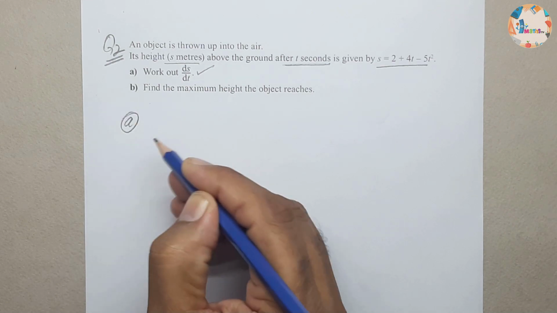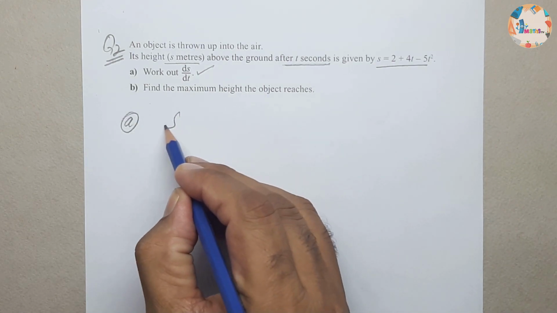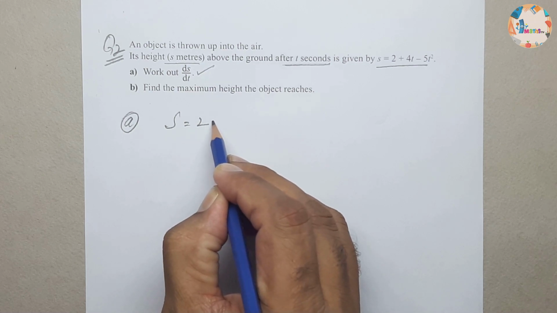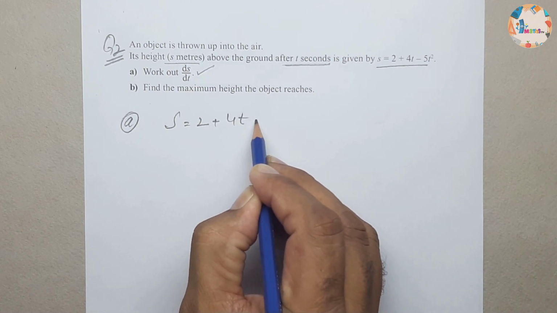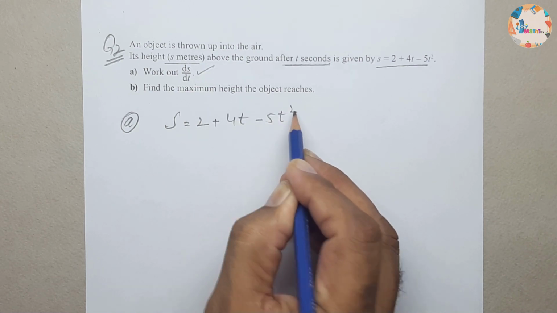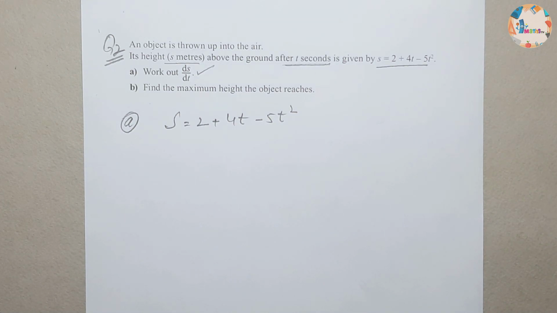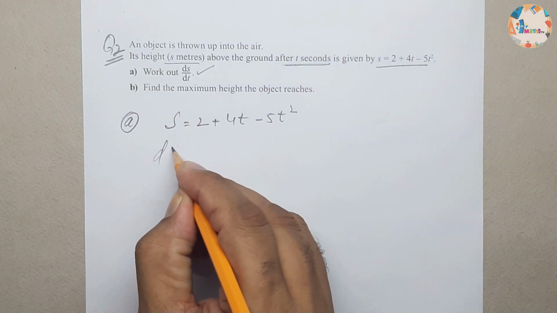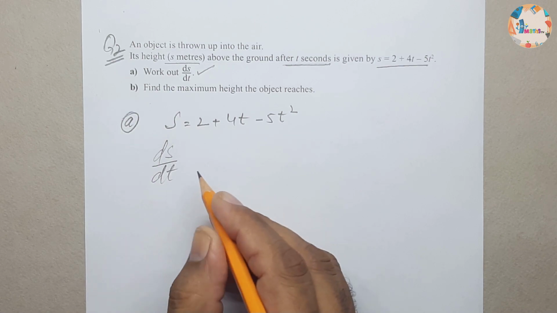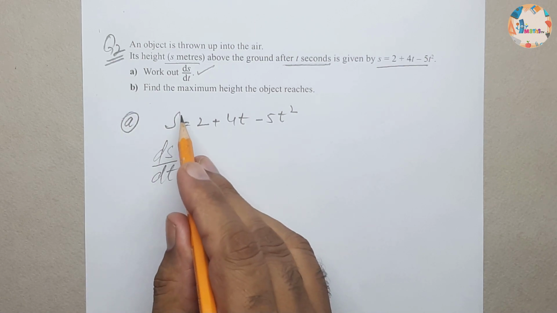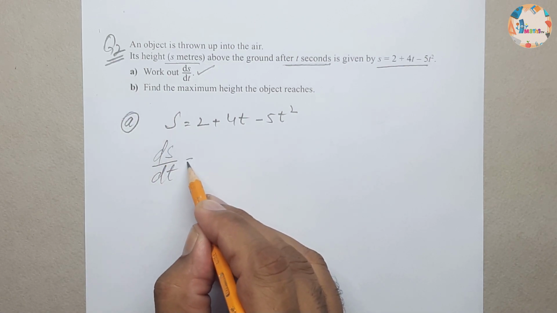So a part, we can write s is equal to 2 plus 4t minus 5t squared, and then we can write ds by dt. ds by dt means derivative of s with respect to t.